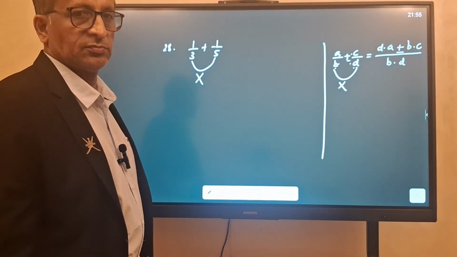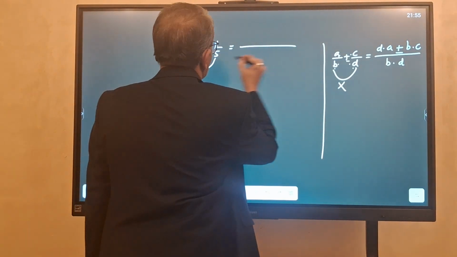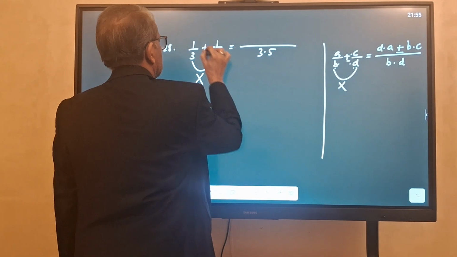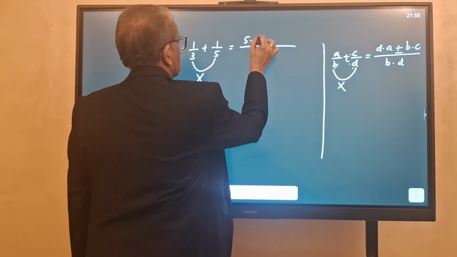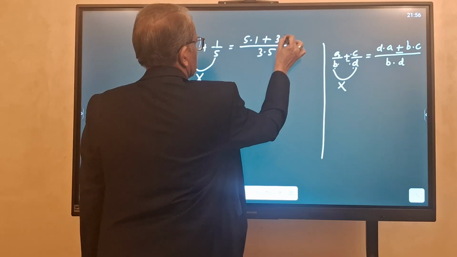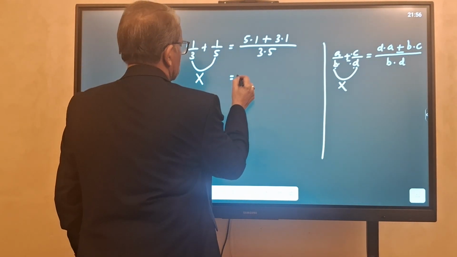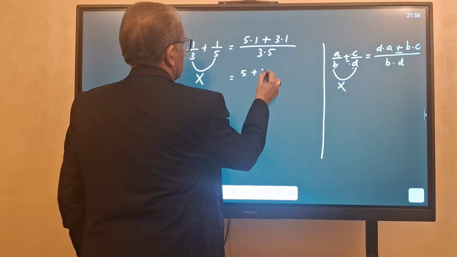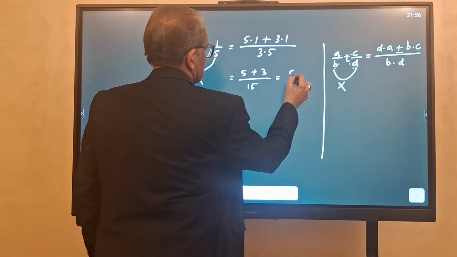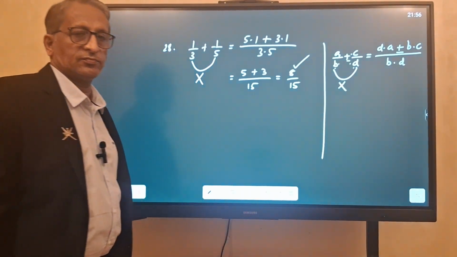That's it. Applying the same rule here, it is 3 into 5, then 5 into 1, the sign is plus, then 3 into 1. So this is 5 plus 3 by 15, that is 8 by 15. Answer.